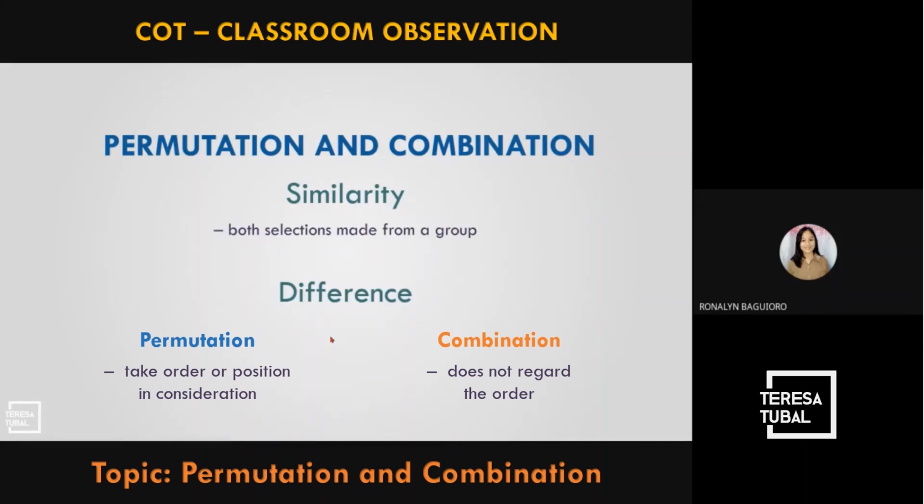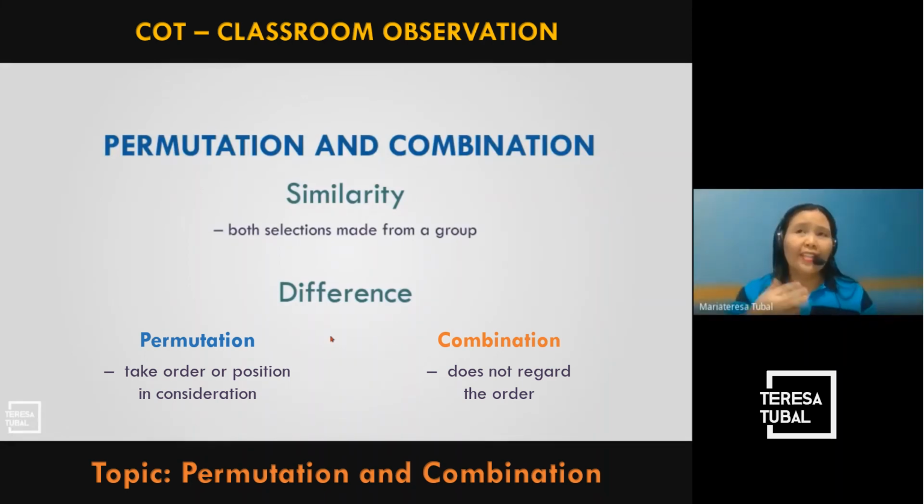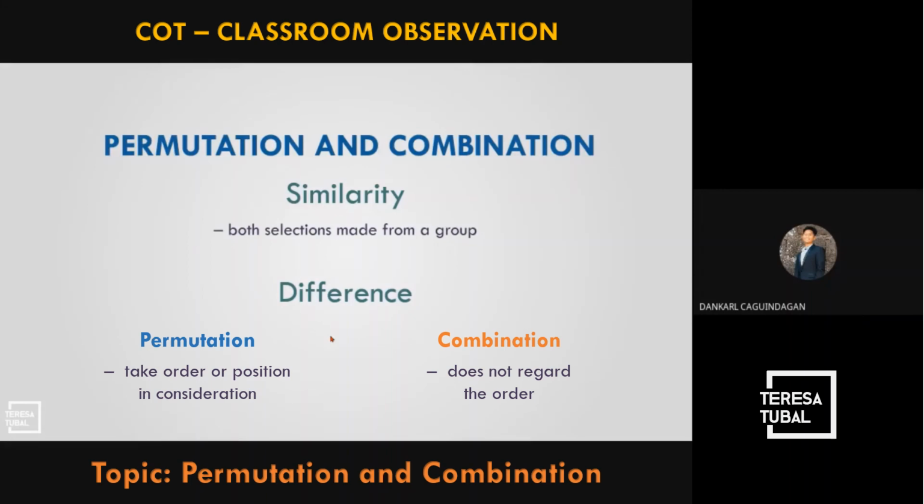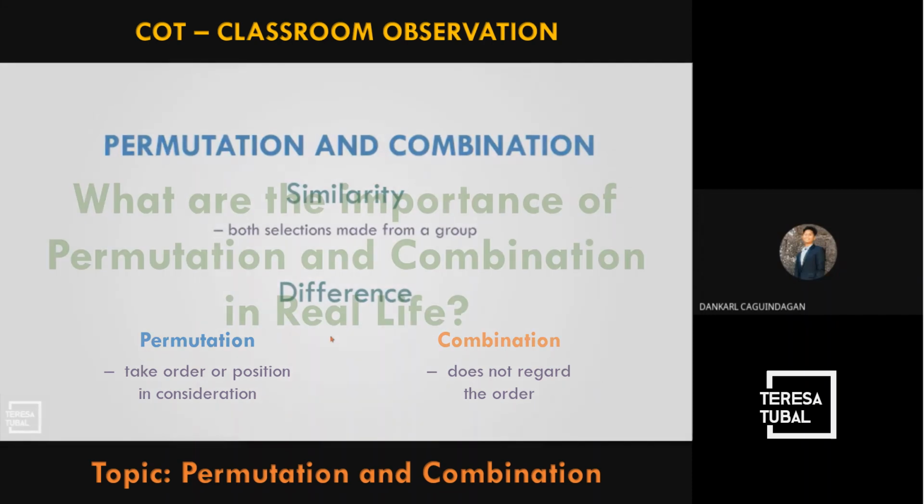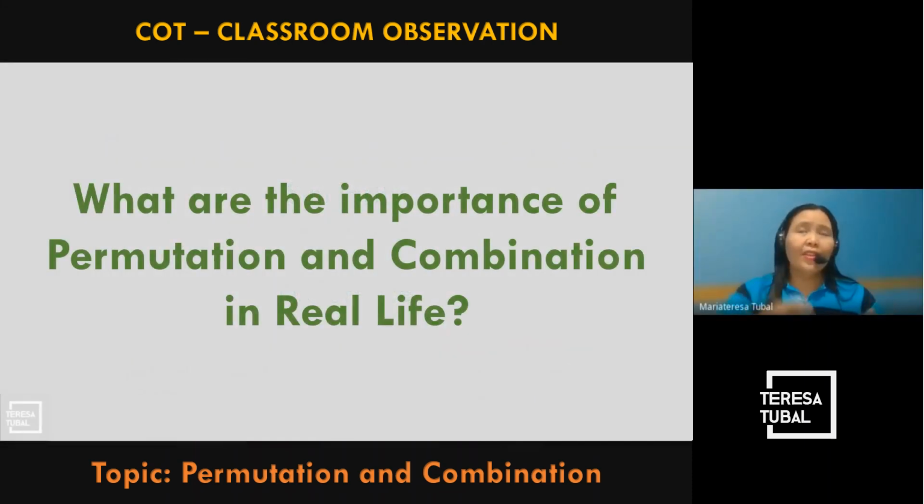Okay. So correct. Other answer? Yes, Kagindagan. Ma'am, yung permutation po, mahalaga po sa kanya yung in order, tas sa combination po, hindi po siya mahalaga or hindi po required.